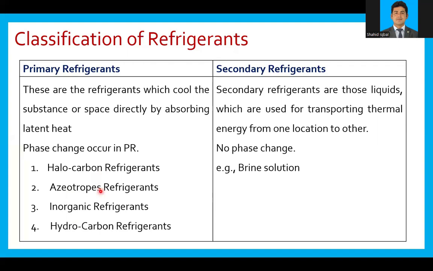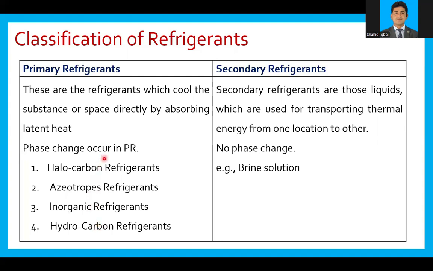Isotope refrigerants are a combination of two different refrigerants, and they cannot be separated after performing the distillation process. Inorganic refrigerants are the refrigerants that have different bonds without chlorine and fluorine, and hydrocarbon refrigerants are the refrigerants that contain hydrogen and carbon.